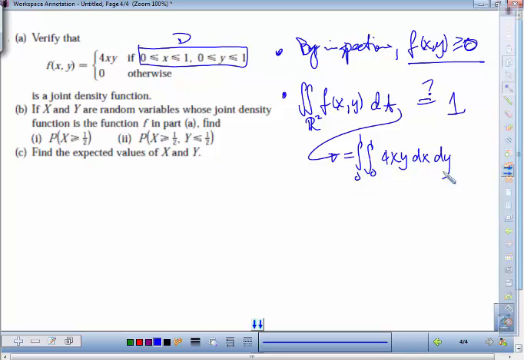So I'm just going to go dx dy. dx goes from 0 to 1, and then y goes from 0 to 1. Now we'll do this integral, constant limits, and they're separable. I don't want to say separable because that's a differential equation term, so we'll separate it.